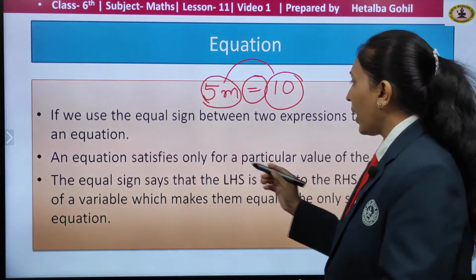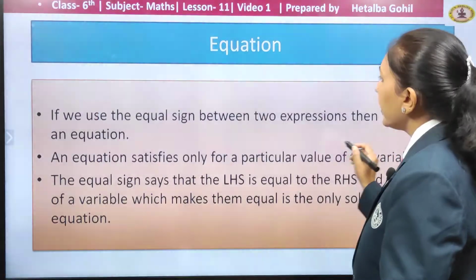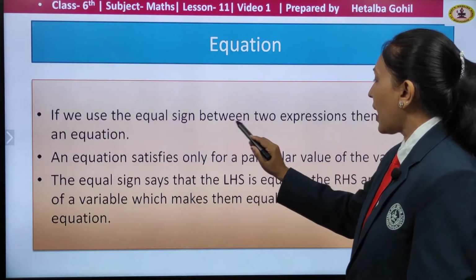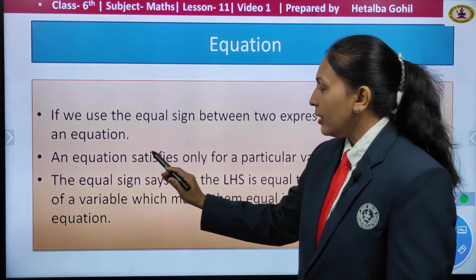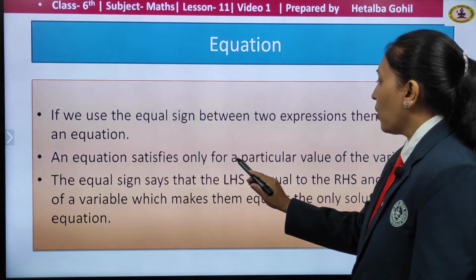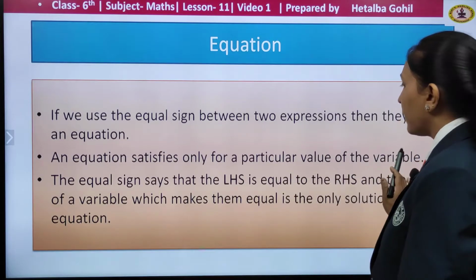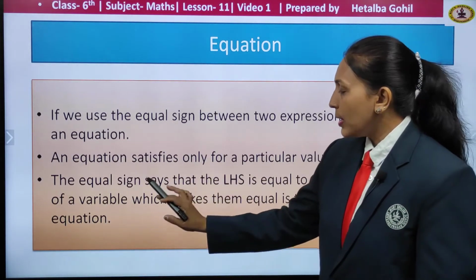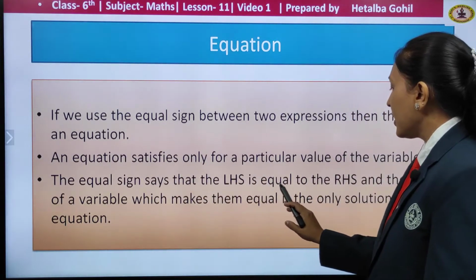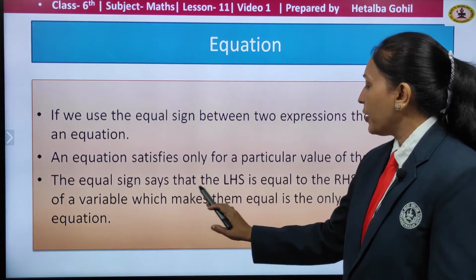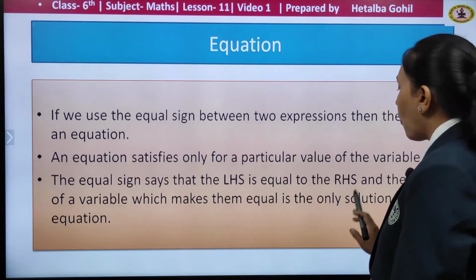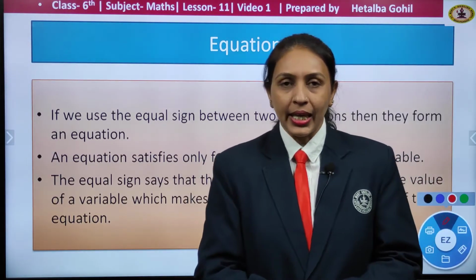So let us read here. If we use an equal sign between two expressions, then they form an equation. An equation is satisfied only for a particular value of the variable. The equal sign says that the LHS is equal to the RHS, and the value of the variable which makes them equal is the only solution of the equation.